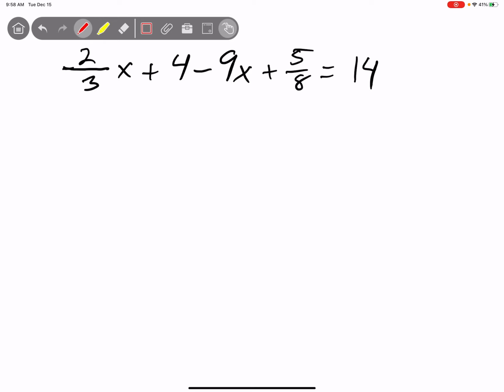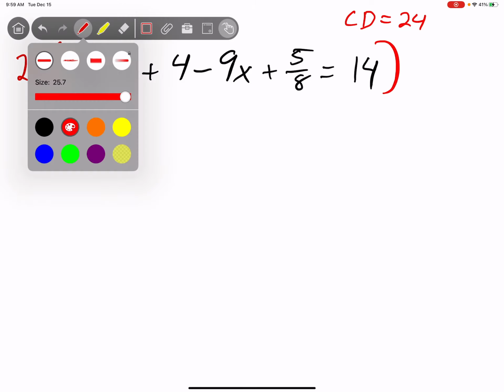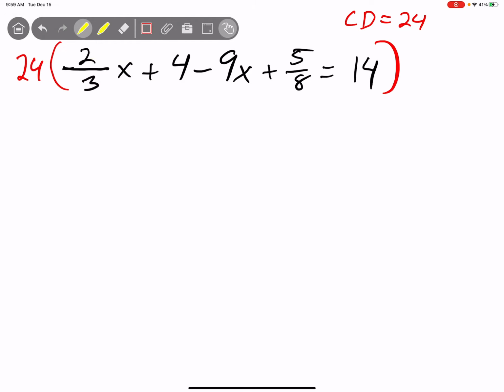I could solve this as is. Again, I'm personally going to get rid of my fractions. My common denominator in this case is 24. So I'm going to multiply everything by 24. Notice in this case, I have separate terms. Everything is separated. Here's one term of 2/3 x. Here's my second term of 4, my third term of 9x, my fourth term of 5/8, and my fifth term of 14. So everything is going to be multiplied by 24.